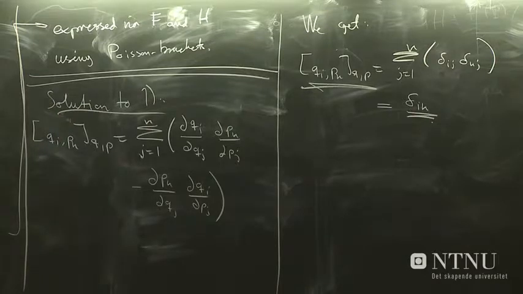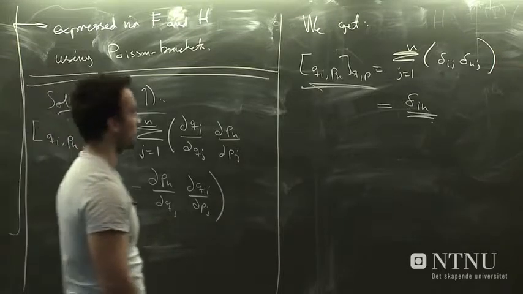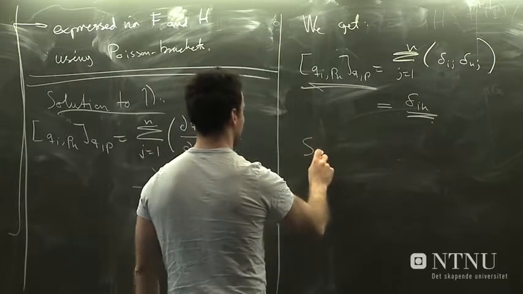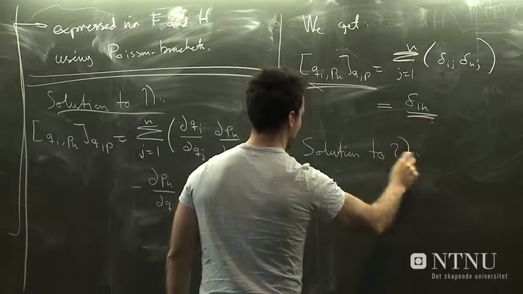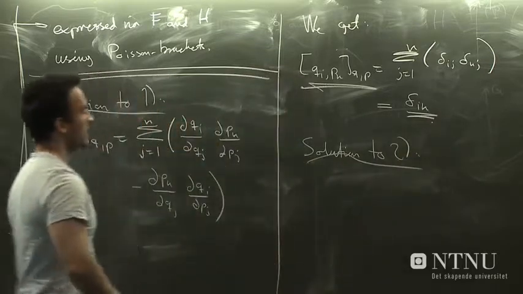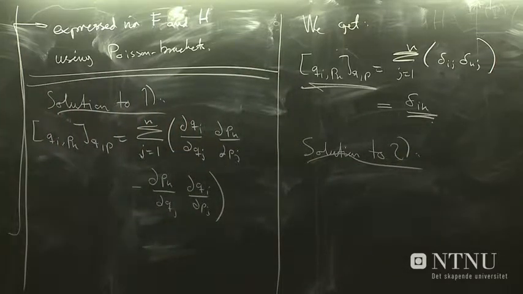So this is the Poisson bracket between the components of the generalized coordinates and the canonical momentum. It's the Kronecker delta. So that was the first challenge.